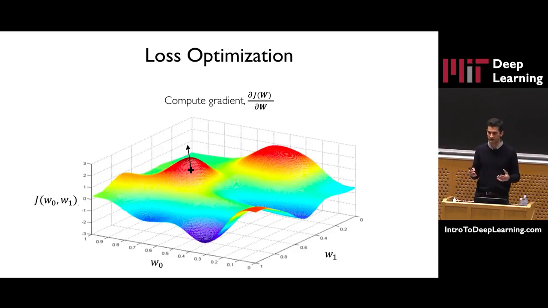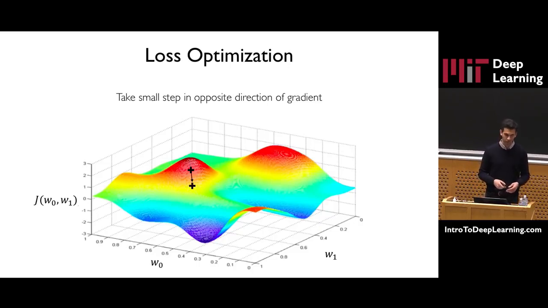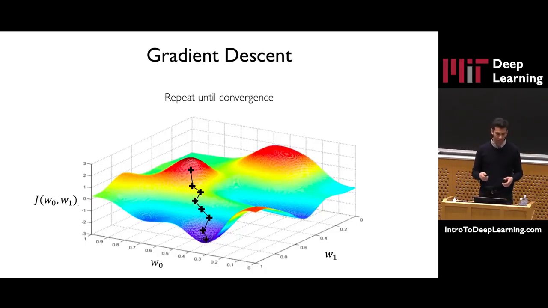We can take the gradient of the loss with respect to each of these weights to understand the direction of maximum ascent. Okay, that's what the gradient tells us. Now that we know which way is up, we can take a step in the direction that's down. So we know which way is up, we reverse the sign, so now we start heading downhill, and we can move towards that lowest point. Now we just keep repeating this process over and over again until we've converged to a local minimum.